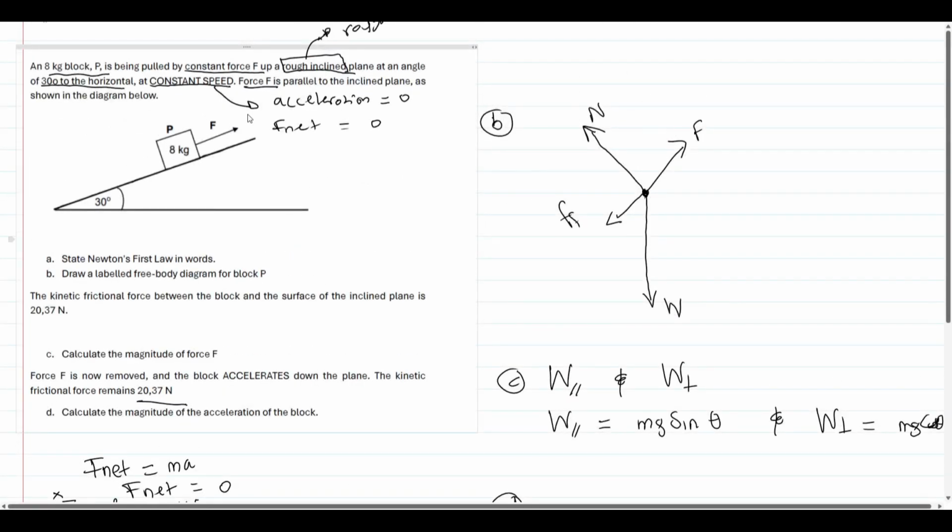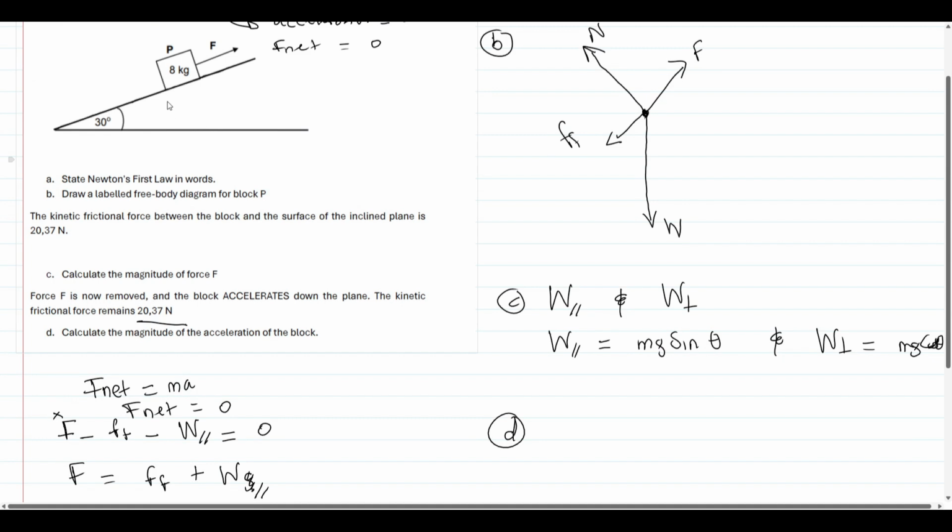So let us look at what is happening now. This force is removed, and the block starts to accelerate downwards. One thing to note is the frictional force is now going to act in the opposite direction, since the block is no longer going upwards, it's going downwards.